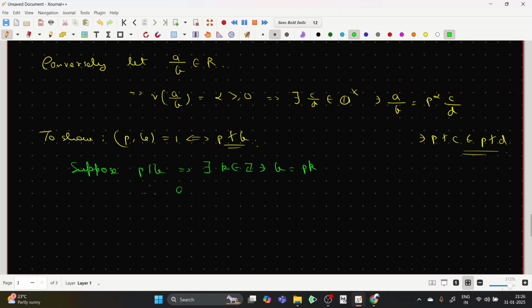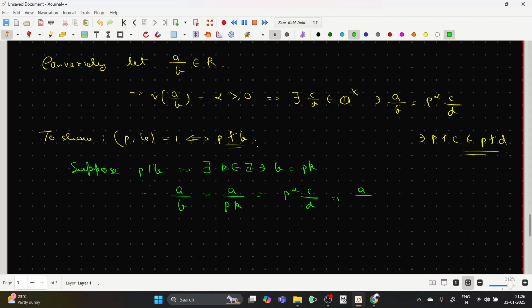So therefore a/b, which equals a/(pk), is p to the power alpha times c/d. So I can cross multiply by p, we are inside the rationals. So I don't need this p anymore. Fine.